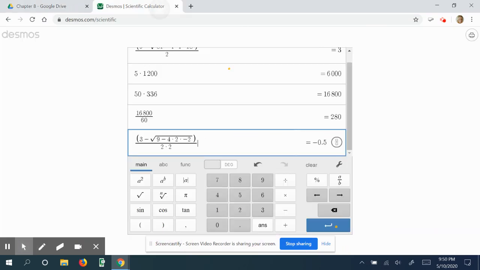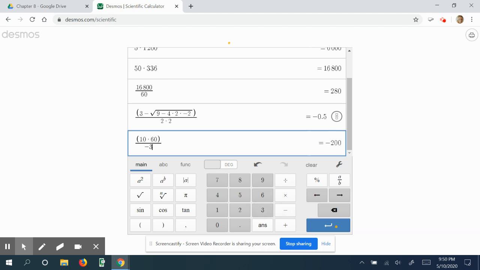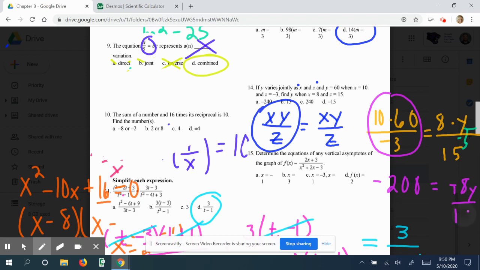So let's go to our calculator. So 10 times 60, okay, divided by negative 3. It's going to be negative 200, okay? So we now know that negative 200 is equal to positive 8y over 15, right?